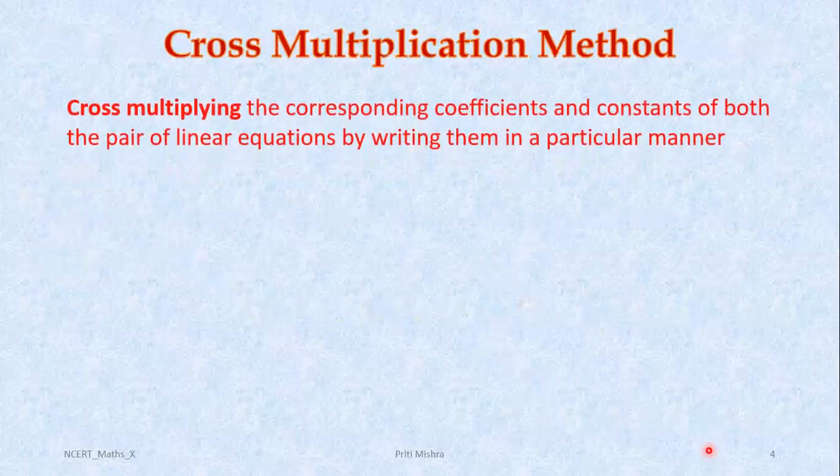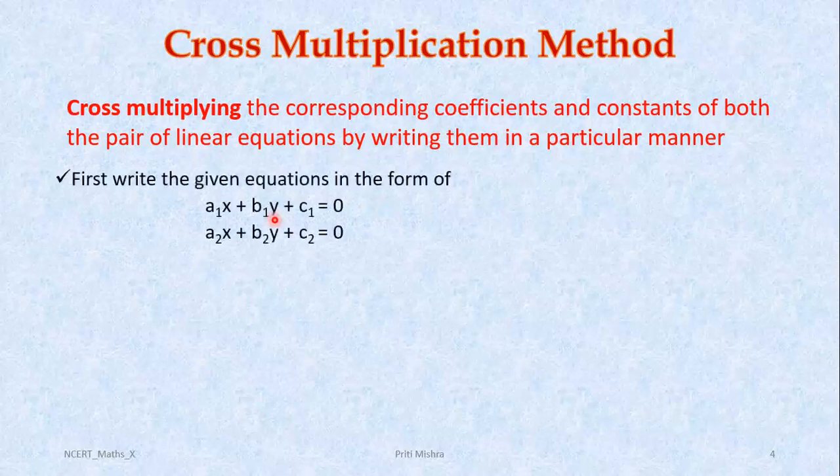Cross multiplying the corresponding coefficients and constants of both the pair of linear equations by writing them in a particular manner is the cross multiplication method. Here we have to find the corresponding coefficients and constants for both the linear equations.